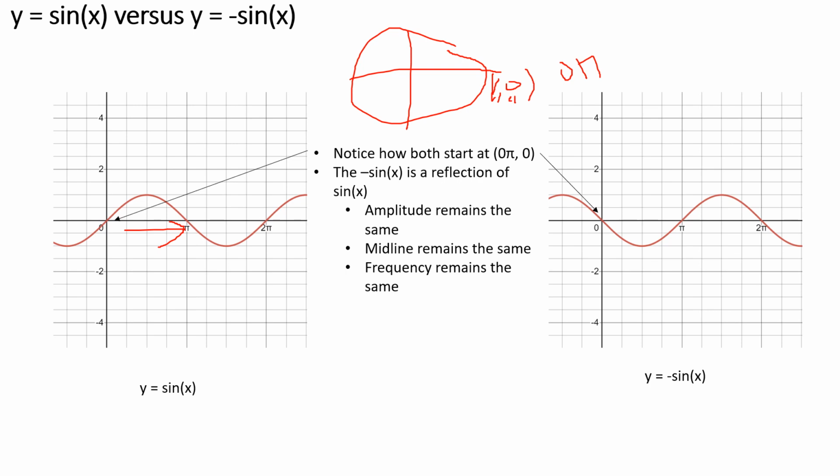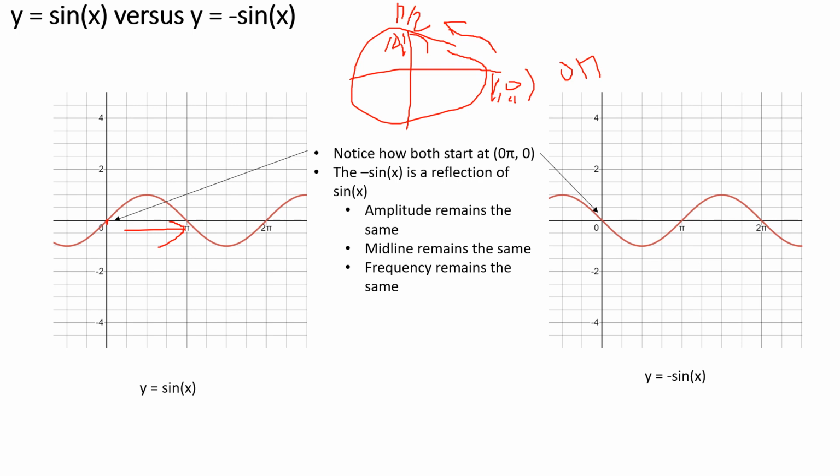The sine of 0 pi is 0. Now remember, we go in this direction for pi over 4, which is the location that is 0, 1.